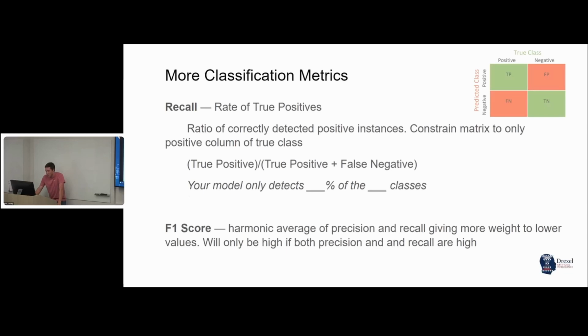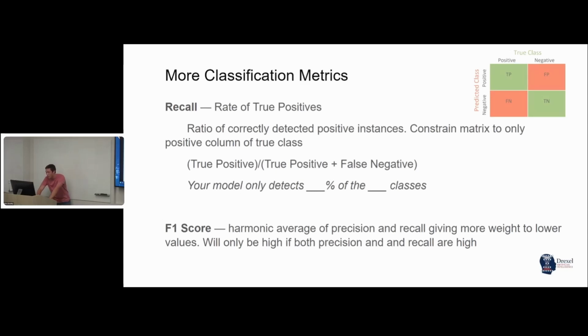That's the true positive divided by the true positive plus the false negative. So in the confusion matrix, it's going to be the first column. That's how I remember it. Precision would be true positive divided by the first row. Recall would be true positive divided by the first column.